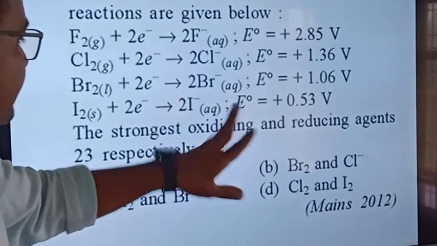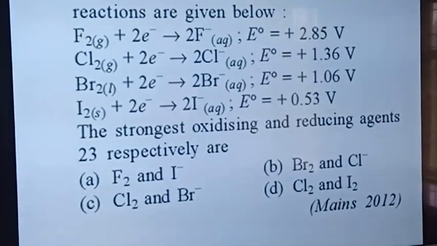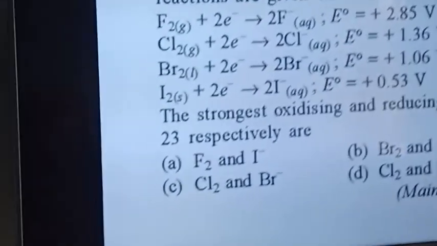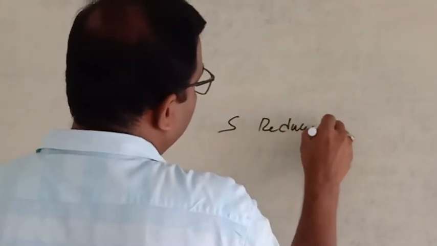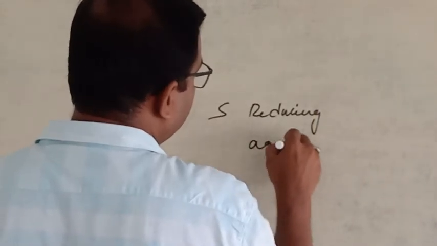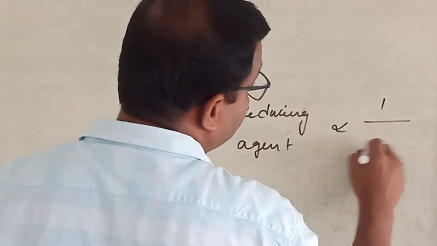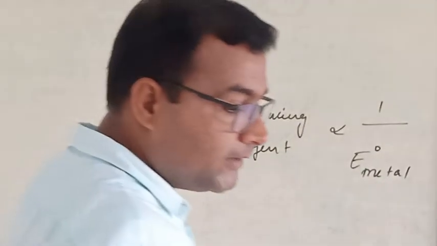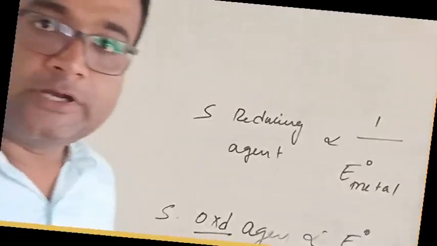So what I was asking, the strongest oxidizing and reducing agent. I told you the condition for the strongest reducing agent. A strong reducing agent is inversely proportional to E naught of the metal, whose value is very low. Such substances behave as strong reducing agents.